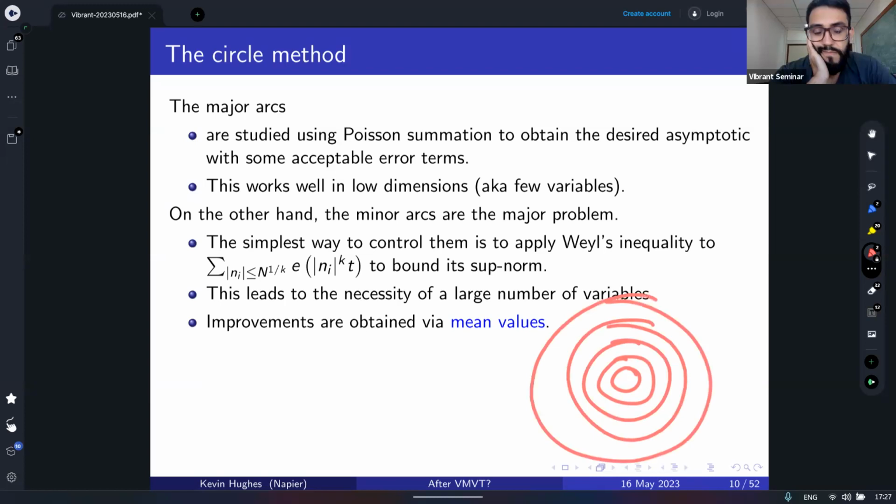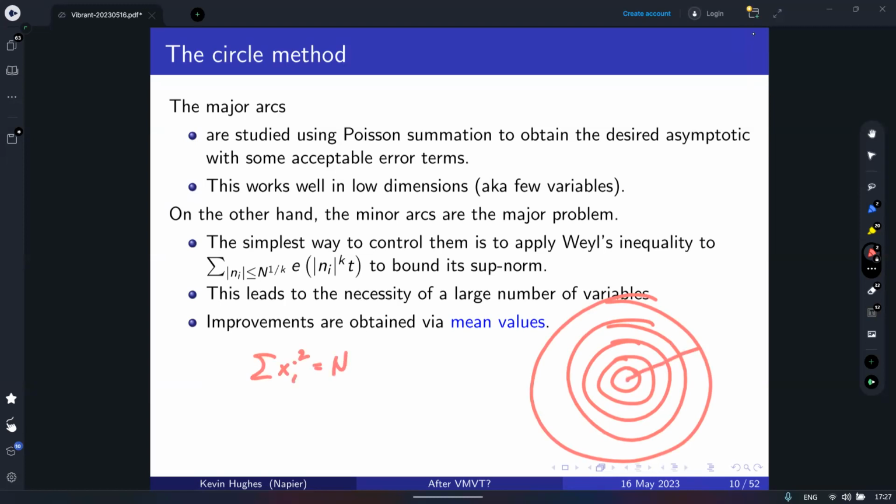So if I'm writing some number as a sum of d squares, that's basically looking at the integer points on a sphere of radius root n.